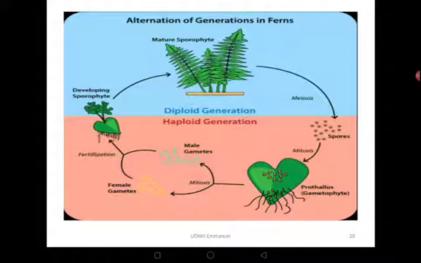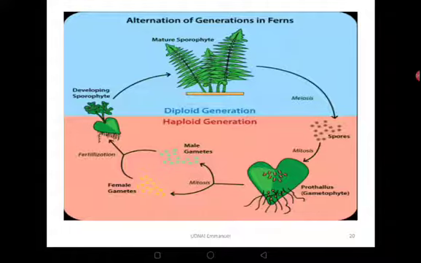So let's start from where meiosis is. Meiosis takes place in the sporophyte. Producing of the spores takes place by meiosis. So after spores have been produced, they will be released and they will land on the surface. If the conditions are favorable, the spores will germinate and grow into the prothallus, a heart-shaped structure there you are seeing.